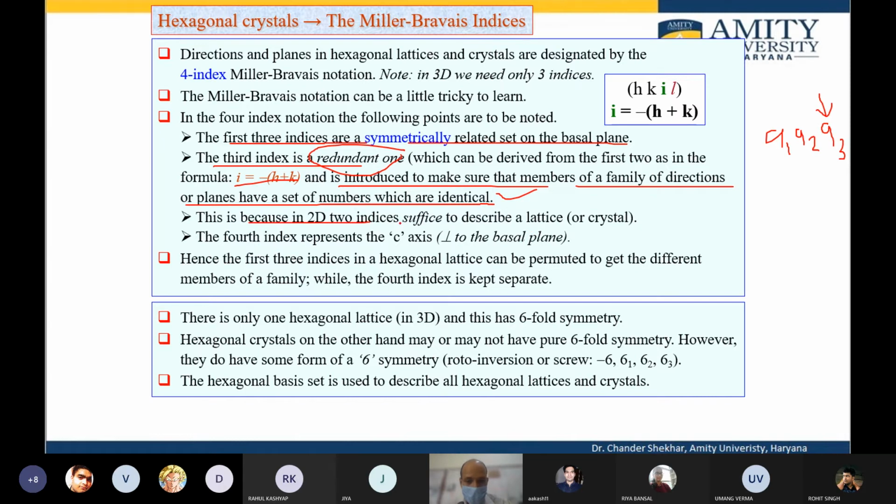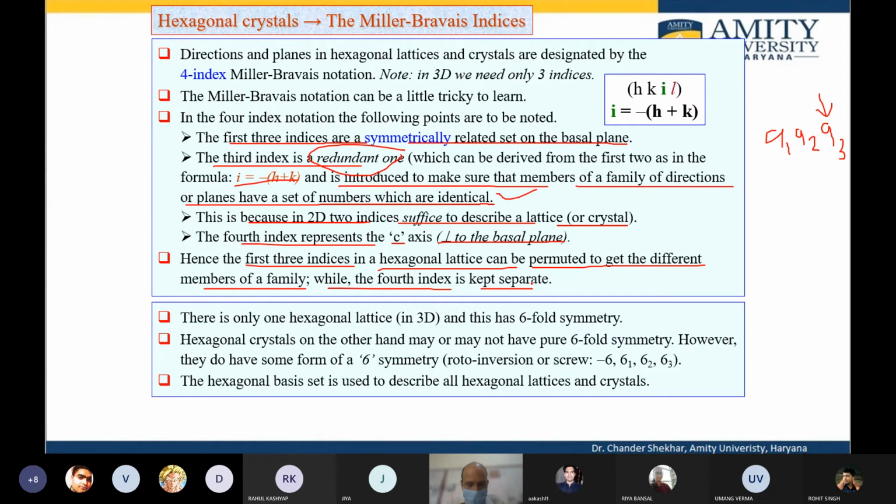The fourth index is represented by C, which is perpendicular to the basal plane. Hence, the first three indices in a hexagonal lattice can be used to get the different members of the family, and the fourth index is kept separate.